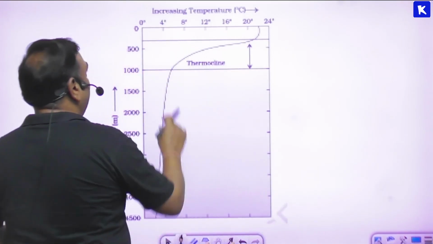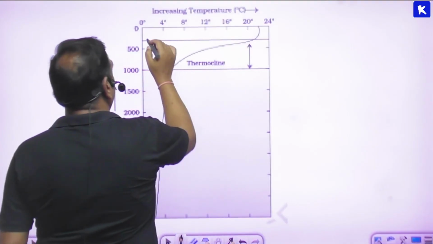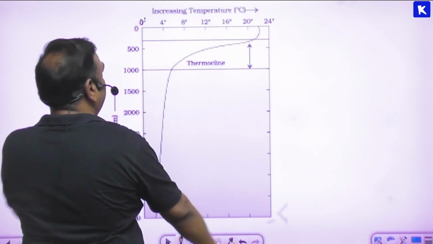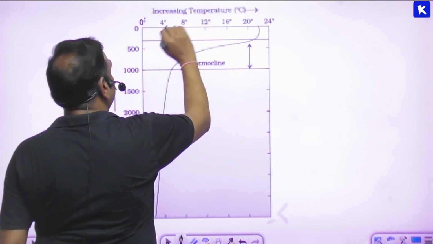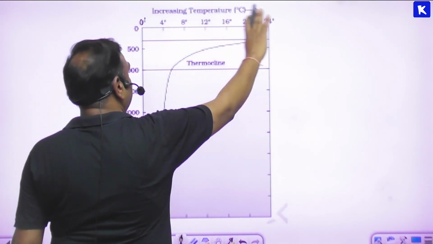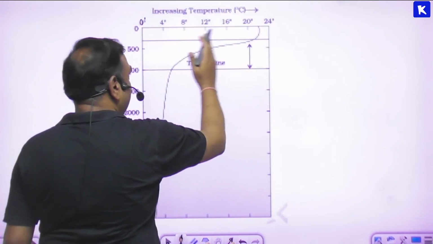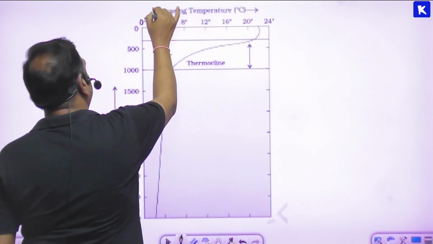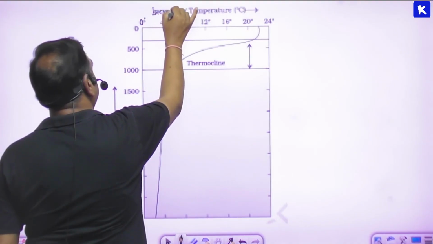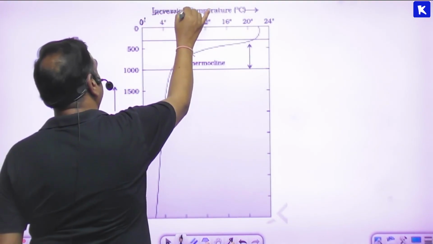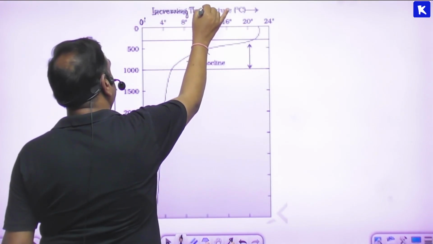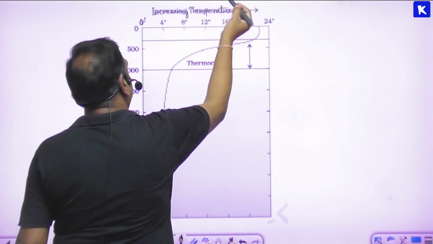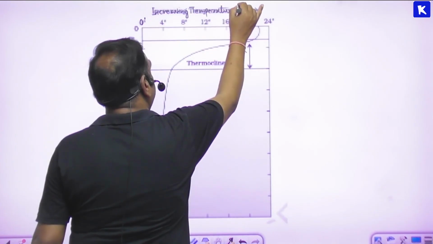In this diagram, the horizontal line is showing temperature, and temperature gradually increases from left to right. Increasing temperature is written here, given in degrees Celsius.